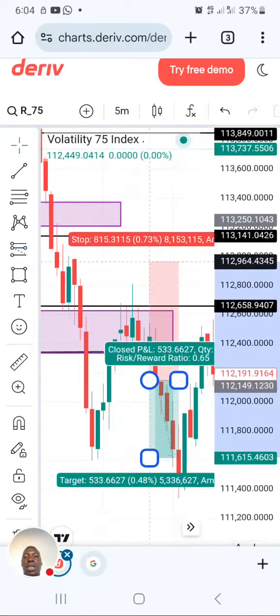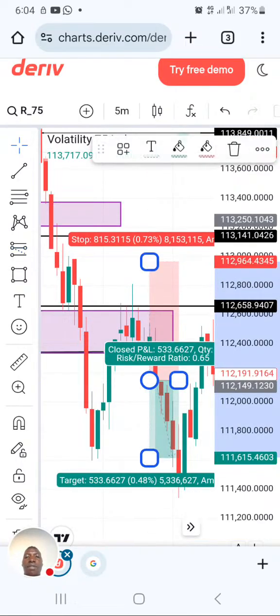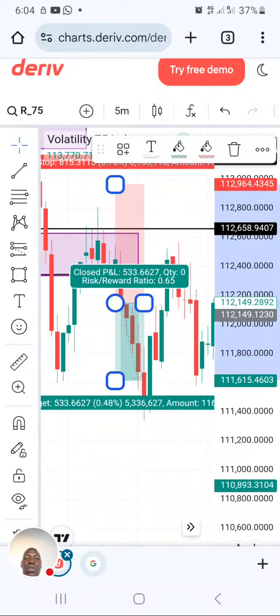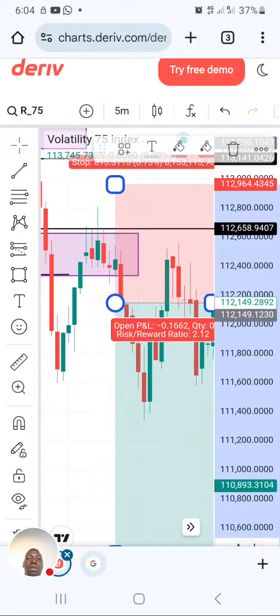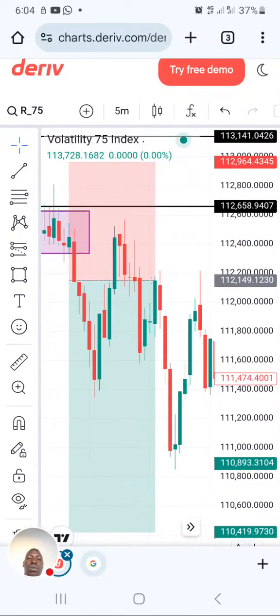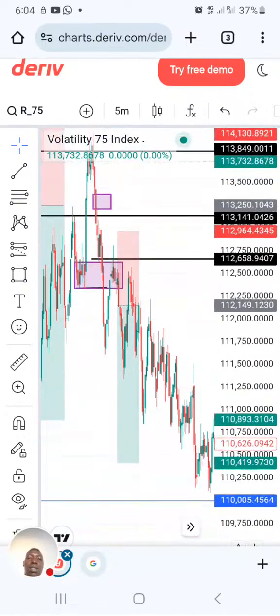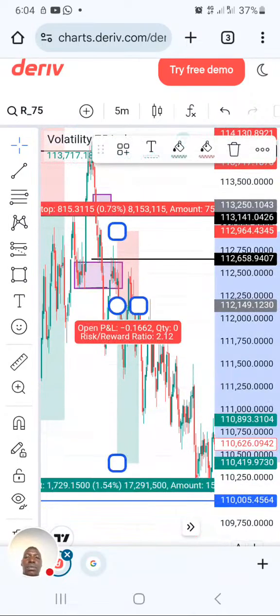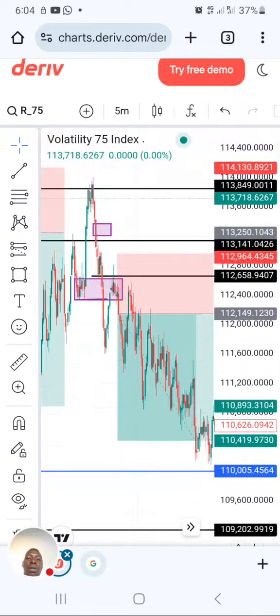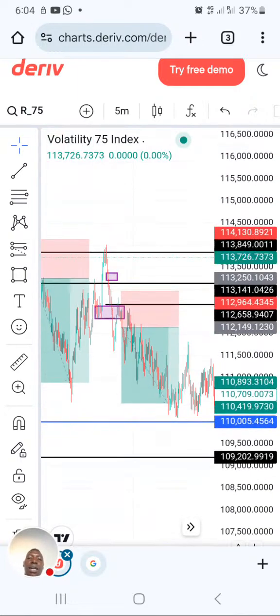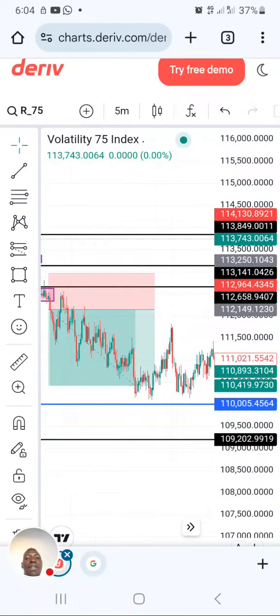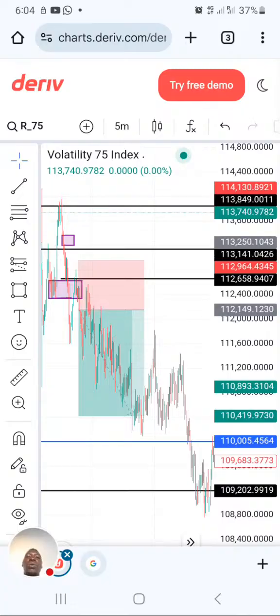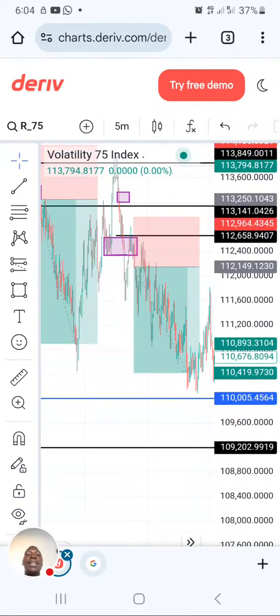Boom, you execute there, stop loss above like that, and you target 1 to 2, not targeting a lot of risk to reward ratio. We do it like this, and you can see very well that around when the market came, the TP was hit. Very easy like that.